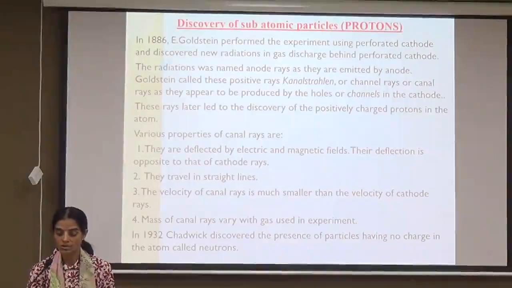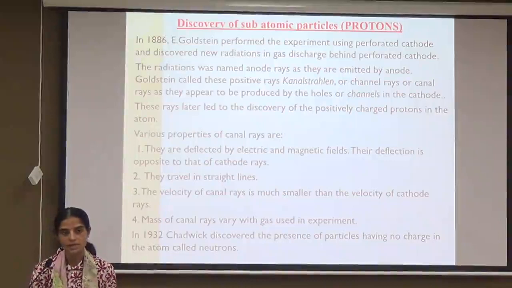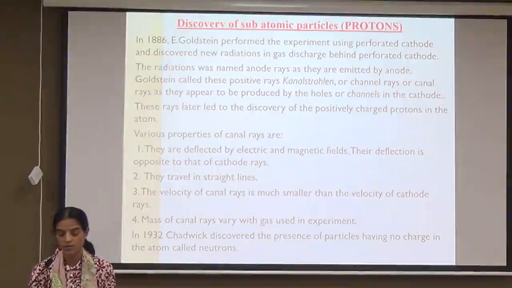Goldstein called these positive rays as channel rays or canal rays as they appear to be produced by the holes or channels in the cathode. These rays later led to the discovery of the positively charged protons in the atom.